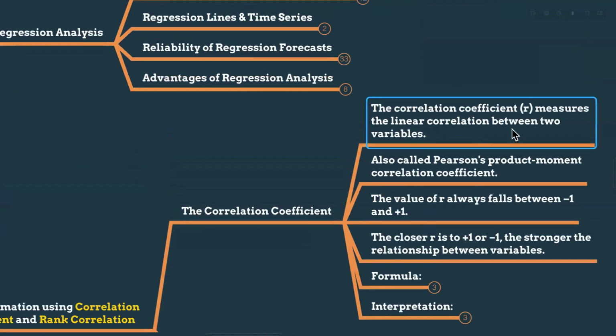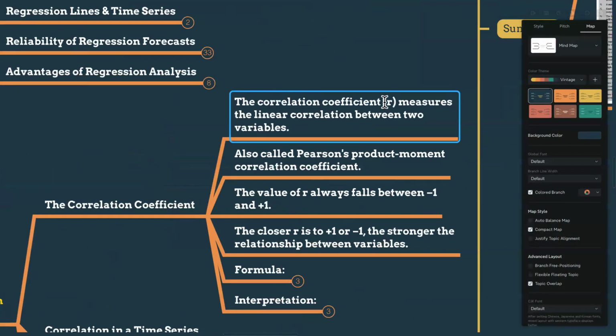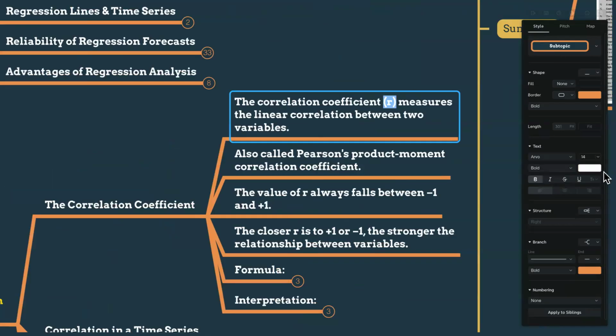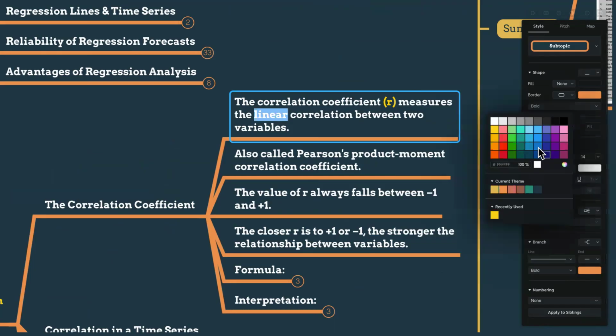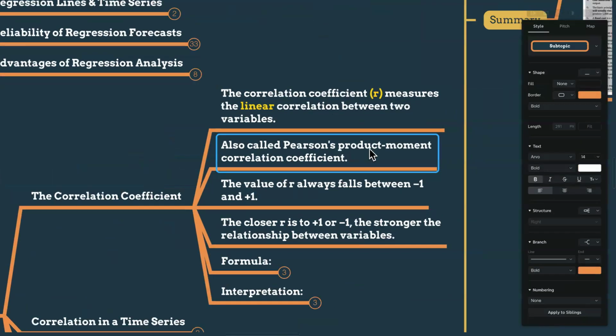It means R. It measures the linear correlation between two variables. Remember, only the linear correlation between the two variables, also called the product movement correlation, Pearson's product movement correlation coefficient.